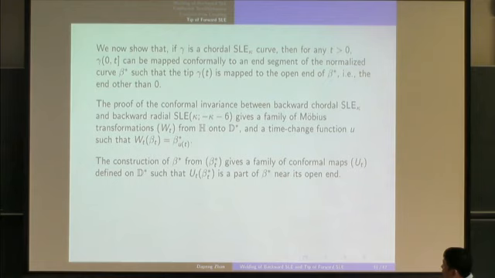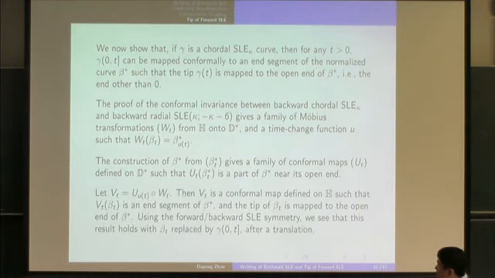Also recall the construction of the normalized curve beta star from the family beta star t gives a family of conformal maps U_t defined on the exterior of the unit disk, so that U_t of beta star_t is a part of beta star near its open end.